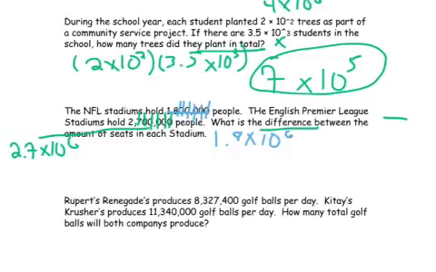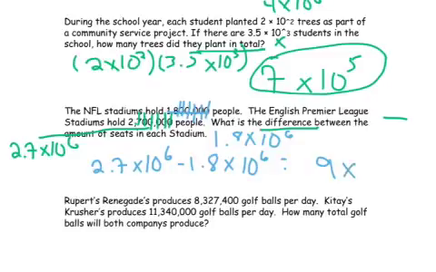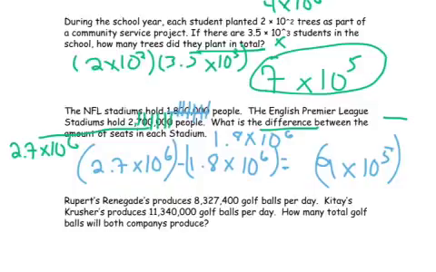So if I want to know the difference between them, I would subtract 2.7 times 10 to the 6th minus 1.8 times 10 to the 6th. And my final answer would be 9 times 10 to the 5th. Like I said, when you are doing these, make sure you put parentheses around them so you are getting the same answer, the correct answer that you should.